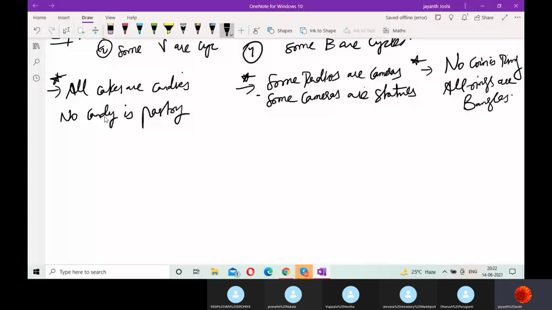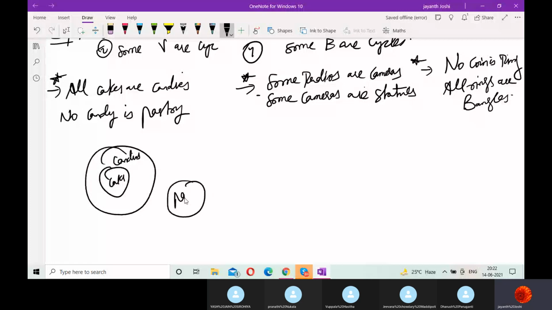Now, see, all cakes are candies. Okay, and here is the pastry. No candy is a pastry. So what inference can I draw? If all cakes are candies, some candies are cakes.